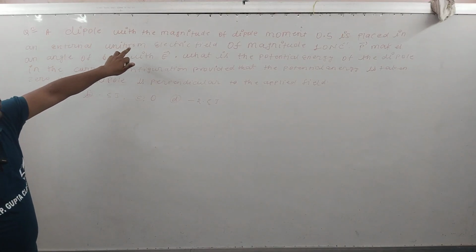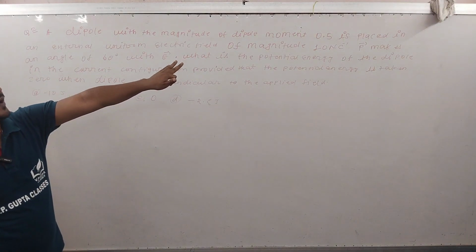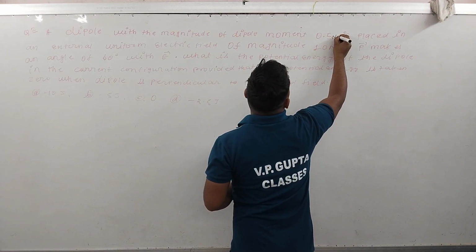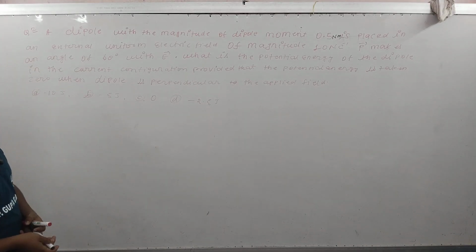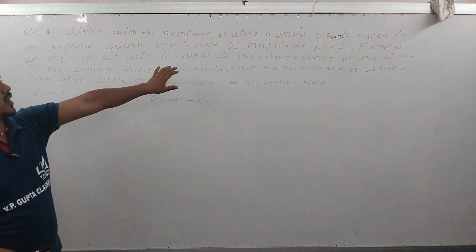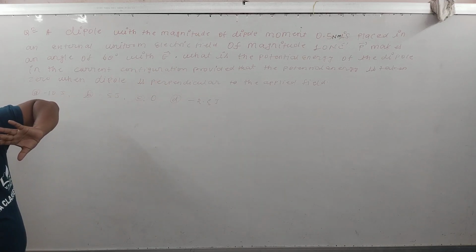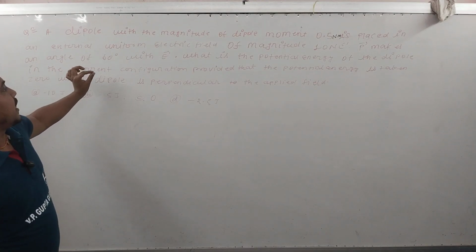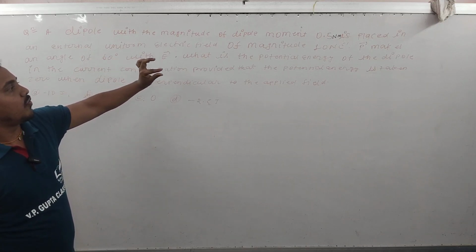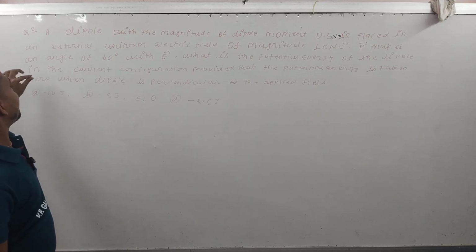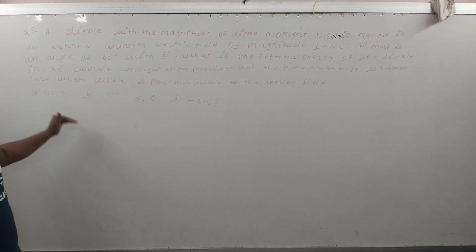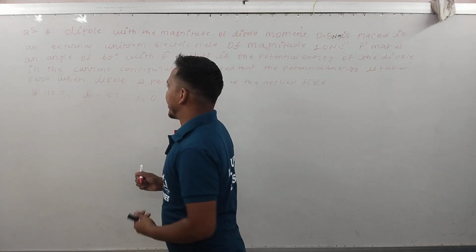A dipole with a magnitude of dipole moment 0.5 newton meter is placed in an external uniform electric field of magnitude 10 newton per coulomb. P makes an angle of 60 degrees with E. What is the potential energy of the dipole in the current configuration, provided that the potential energy is taken 0? This is the main point of this question.